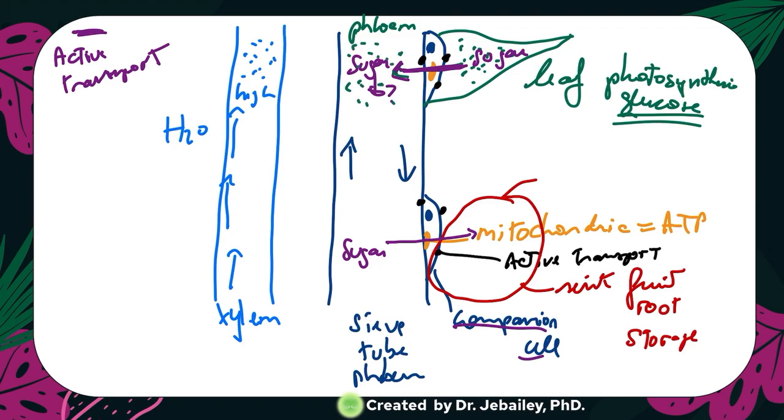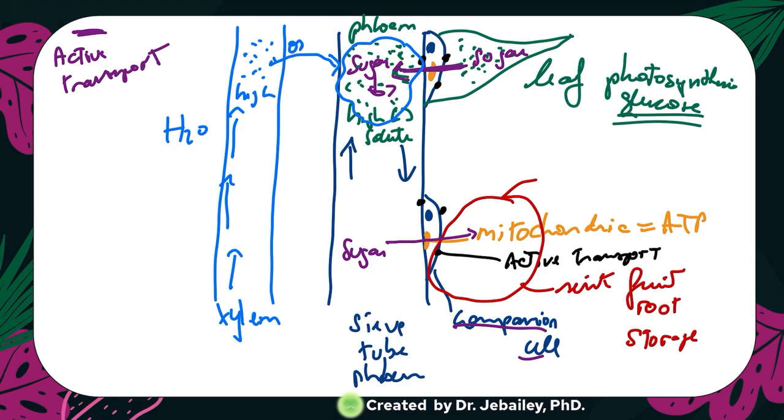So what does this mean? When you start having so much sugar here, you start increasing the high concentration of what? Of solute. And if you remember, water is always attracted to a place of high amount of solutes. So what does the water do? The water craves to go to this side so it can be surrounded by all of this sugar.